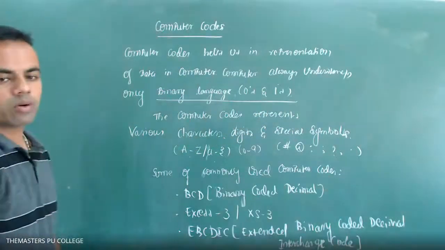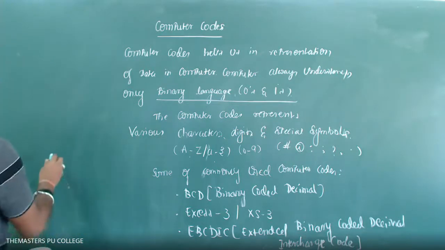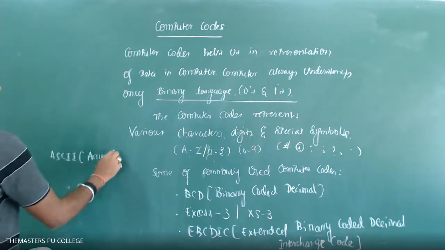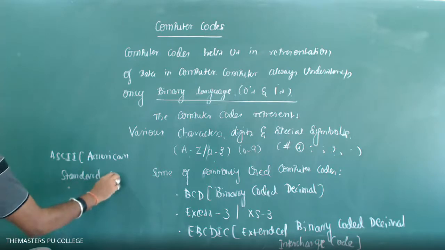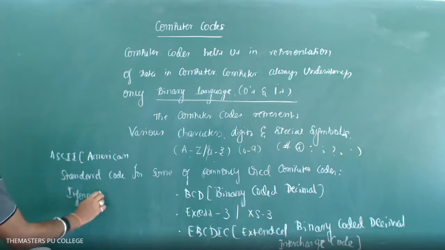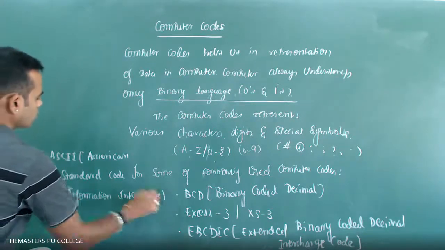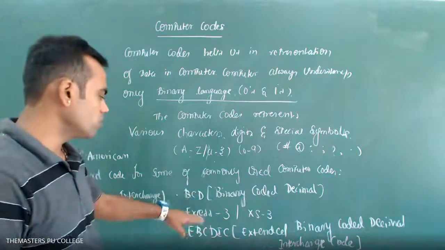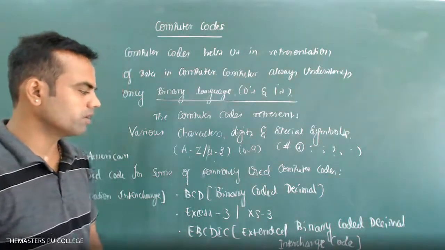One more is ASCII, American Standard Code for Information Interchange. So these are the commonly used computer codes: BCD, XS3, and EBCDIC.